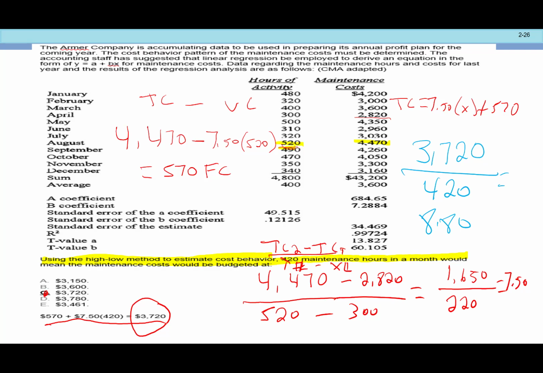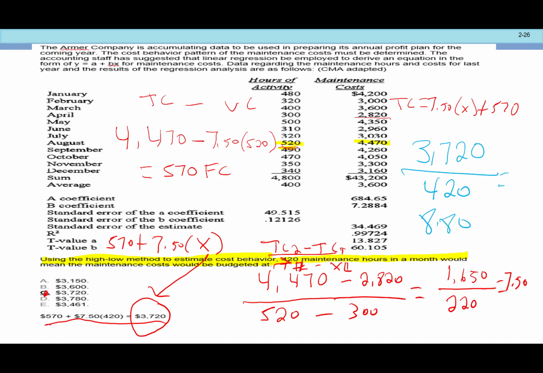I'm going to rewrite it. I'm just going to write it again. It's a little bigger, which is going to be 570 is the fixed cost, plus 750 times x, whatever it is, right? And in this problem, they wanted us to give them the answer if our maintenance hours end up being 420, what would our total cost be?